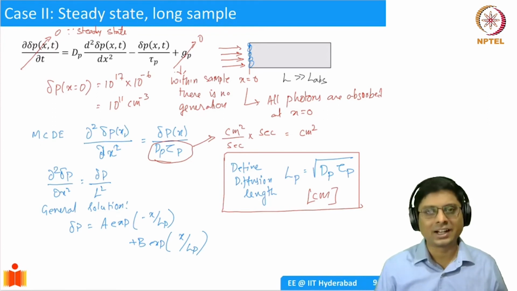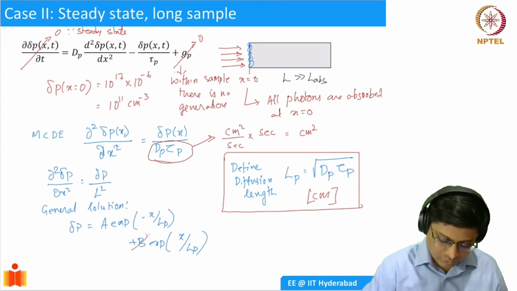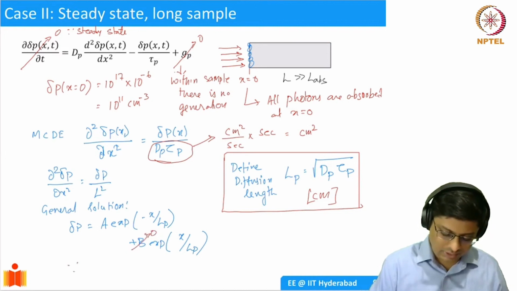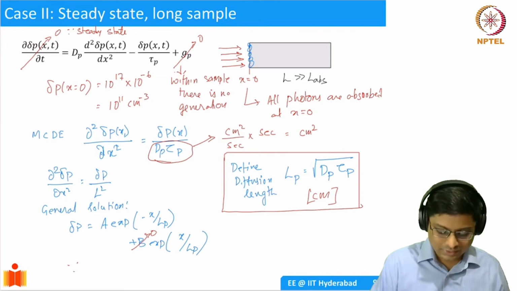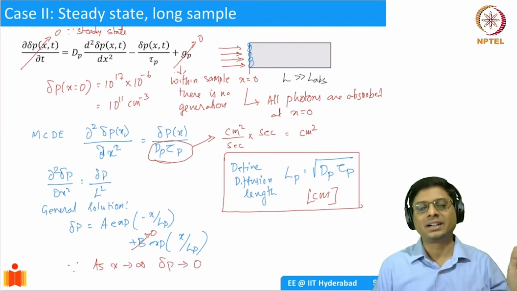So now we are shining light at x equal to 0. Let me summarize: B goes to 0 because as x tends to infinity, delta P has to tend to 0, since you only have light at the left edge.